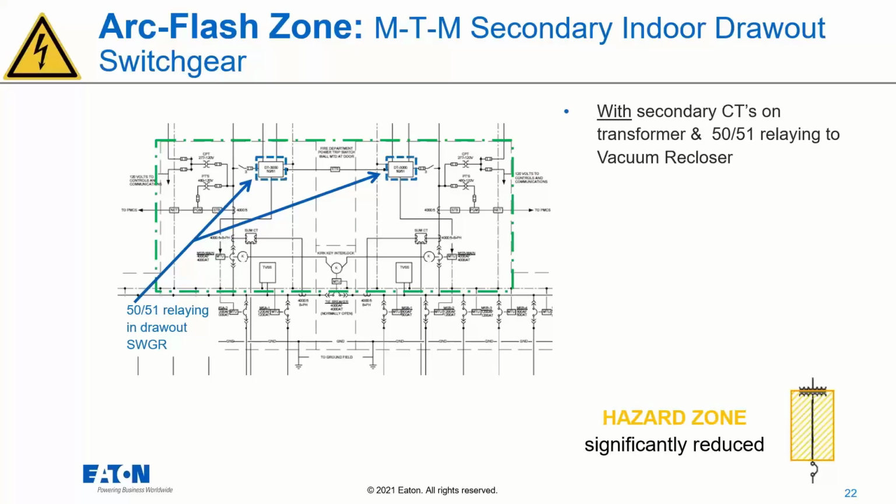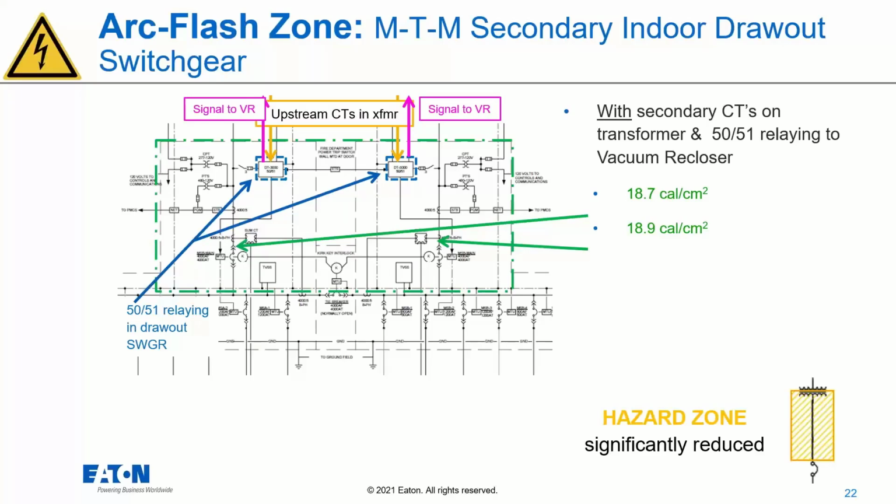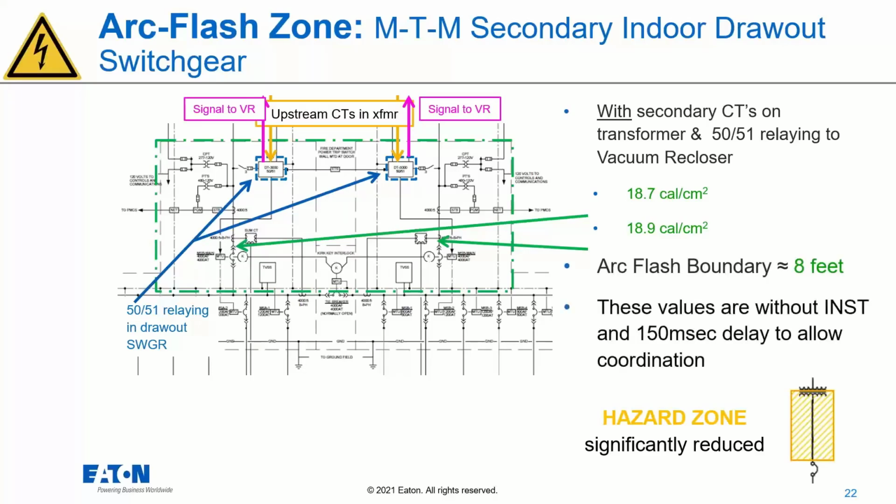So with this scheme, we're able to decrease that clearing time and reduce the energy below 20 calories per centimeter squared. So this is over an 8.5 times reduction. It's important to note this is not in maintenance mode, and there's no instantaneous setting on for this example. This is still in coordination with all the feeder breakers. But you can see now the arc flash boundary is reduced to about 8 feet as well. So it went from about 160 calories per centimeter squared down to 18, or below 20.